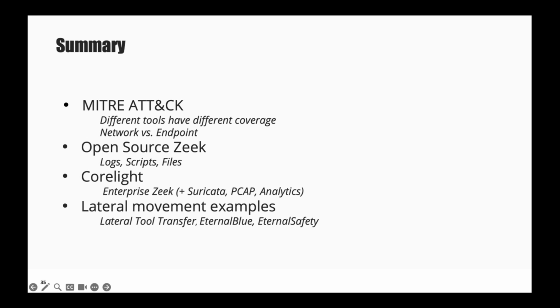Both the network and the endpoint have their own strengths and values. A lot of that's around the fact that the endpoint goes really, really deep. Nothing will ever be able to tell you more about what's happening on a specific system than a defensive technology that's designed to run on that specific system itself.